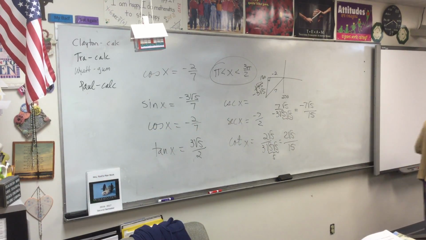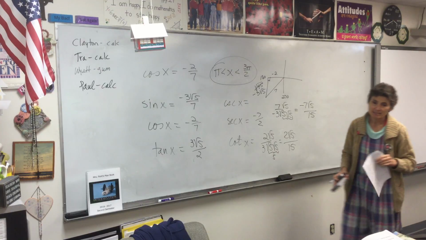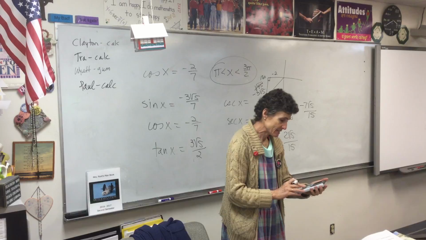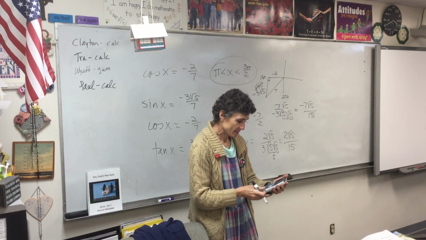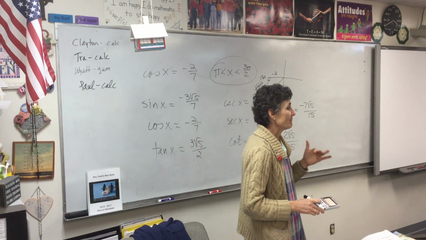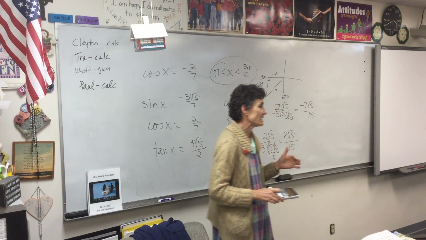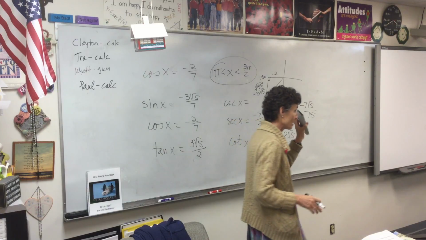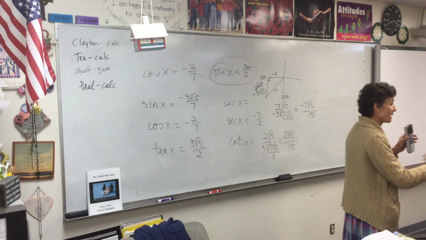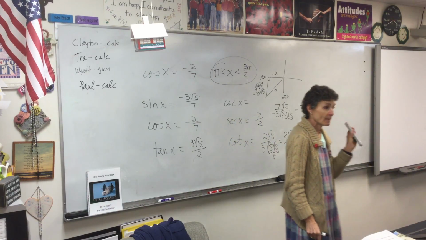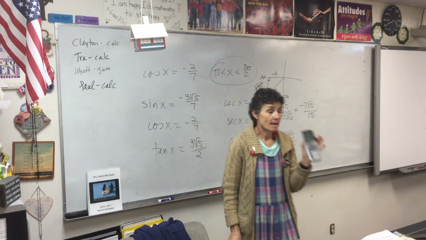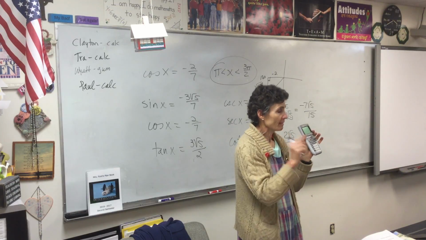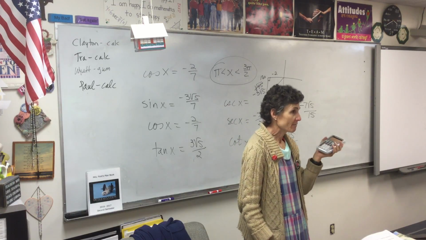Since we are evaluating the secant of 11 pi over 7, our calculator needs to be set in radians. 11 pi over 7 is a radian measure. Agreed? Yes. Now, I would love to be able to press secant, 11 pi over 7, but I don't have that button.